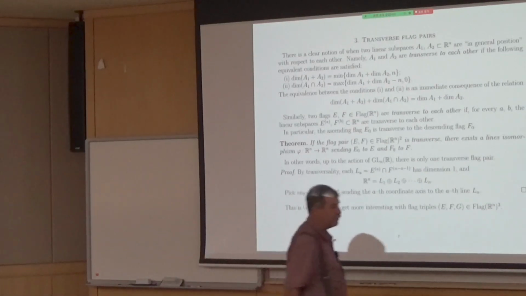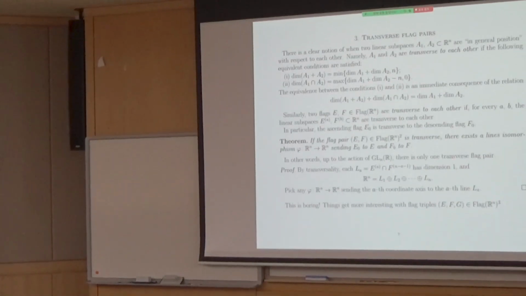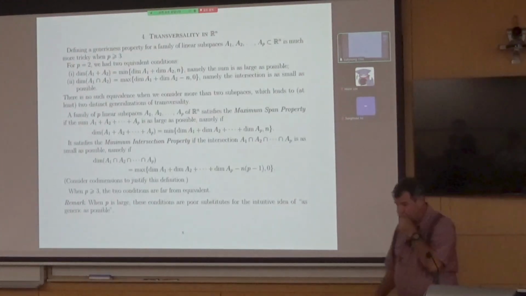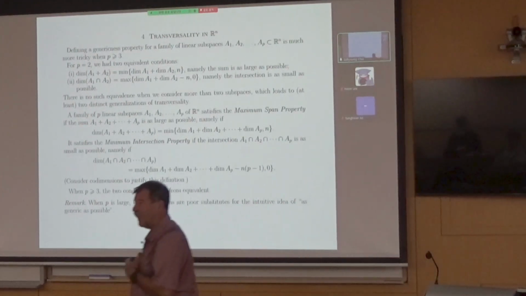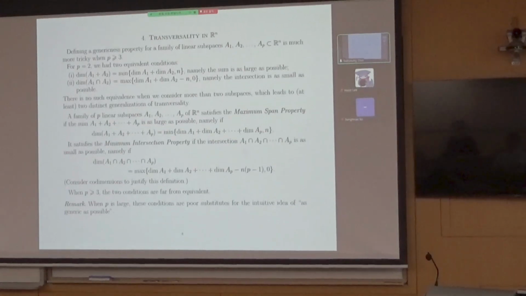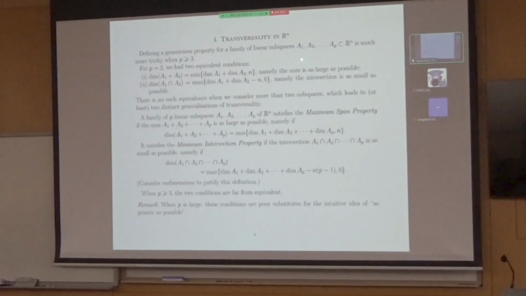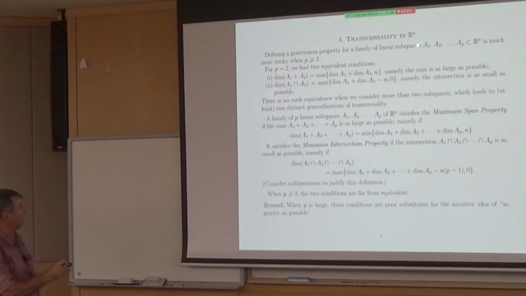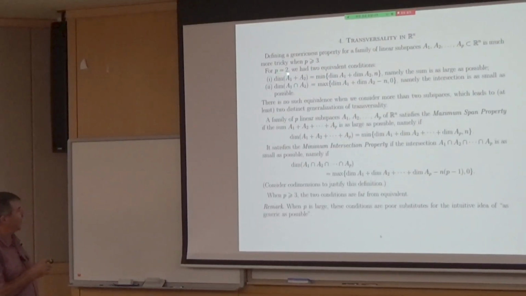Okay, so now let's go to triples, and then the quadruples. As I said, transversality in R^n is quite difficult when you have more than two linear subspaces. Because when p is equal to 2, we had two equivalent definitions.